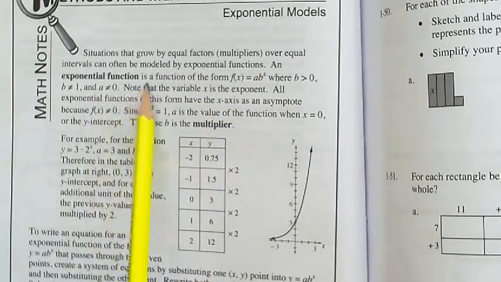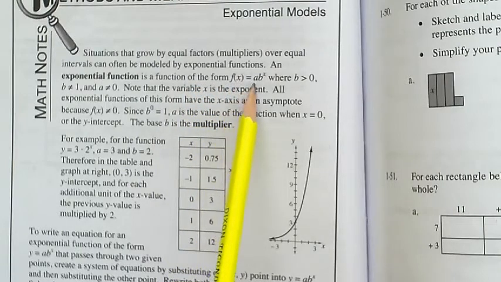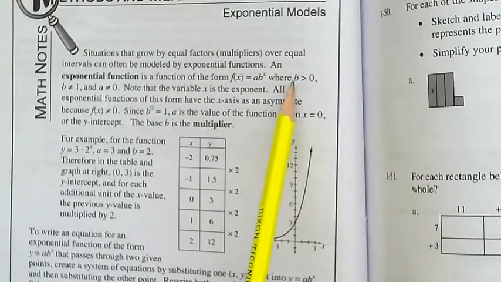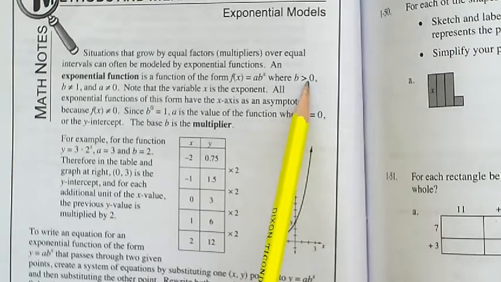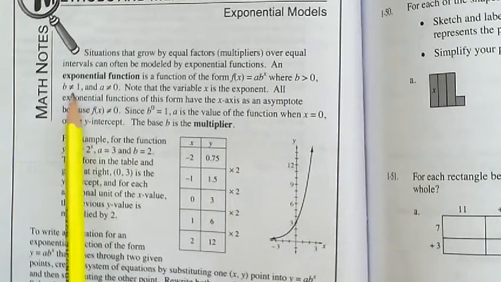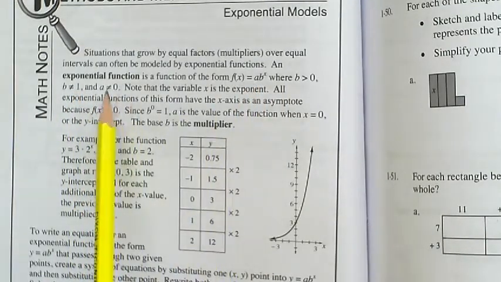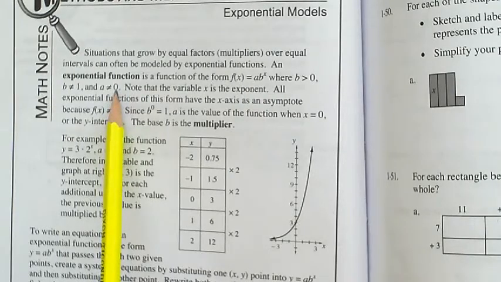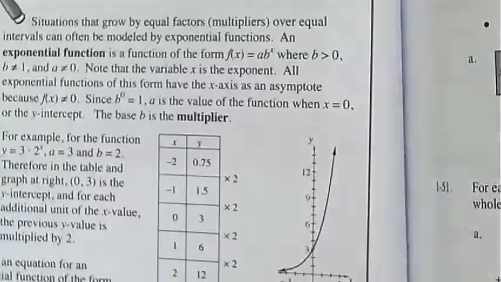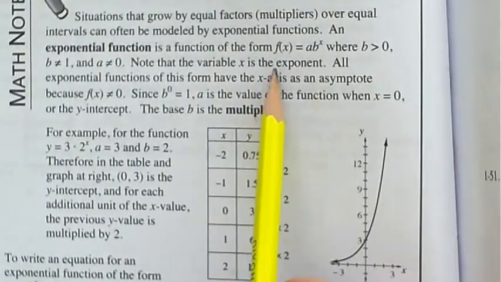An exponential function is a function of the form f of x equals a b to the x. And in this case, b is going to be positive. B is greater than 0. B is not going to be 1, and this beginning value a will never be 0. So note that the variable x is the exponent.